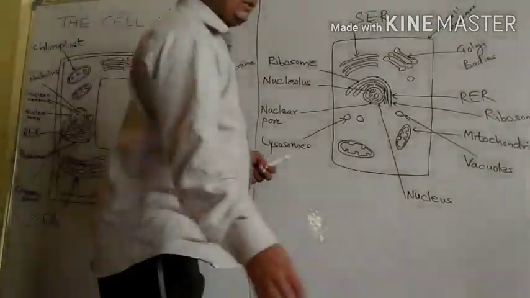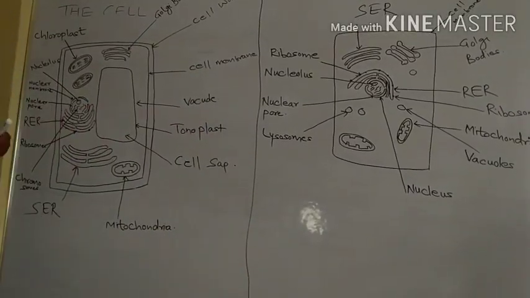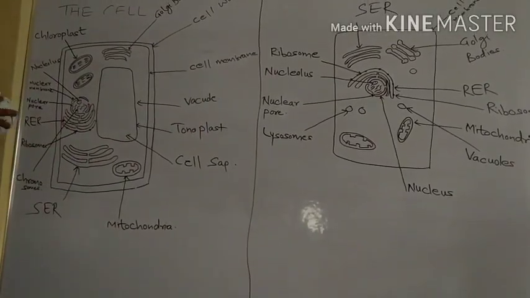Now we can write and summarize them in brief. Difference between, or comparison between, plant and animal cell.